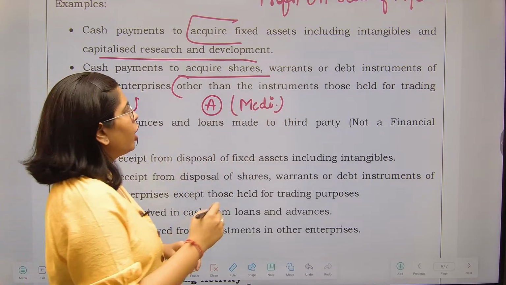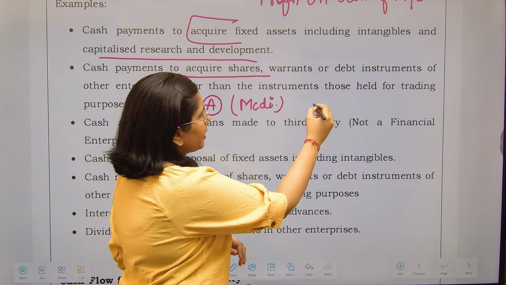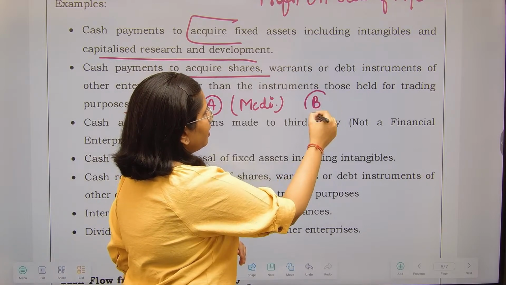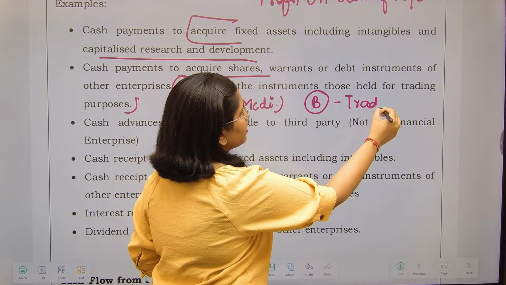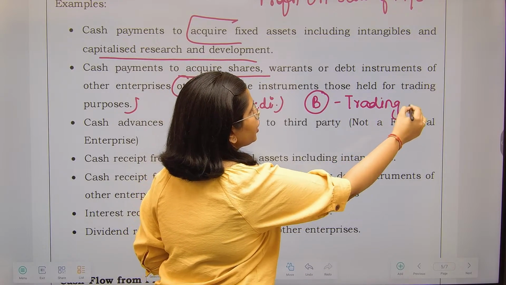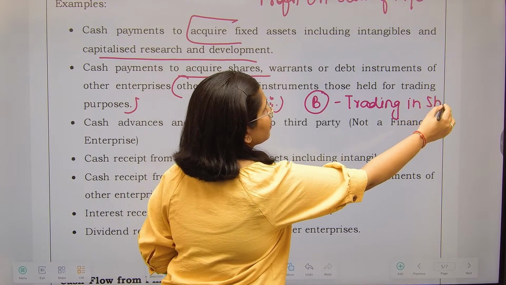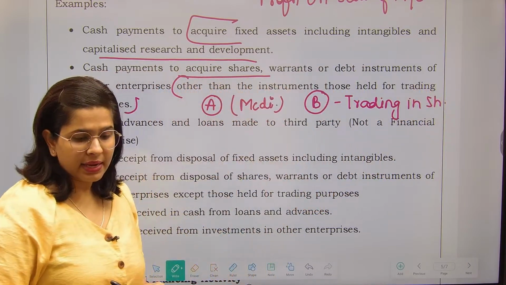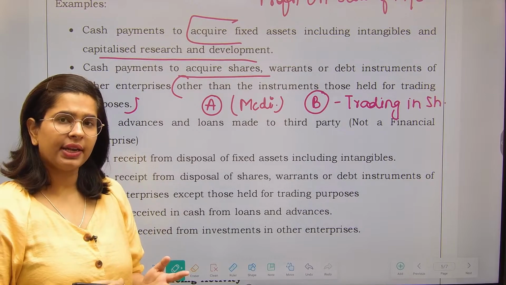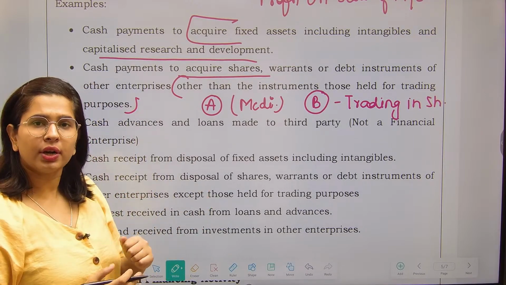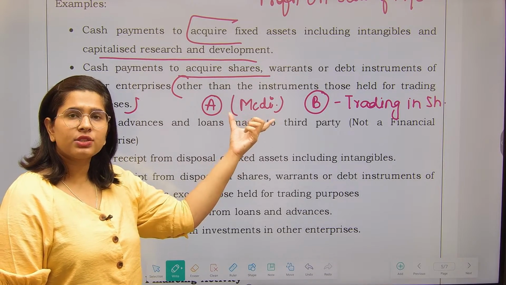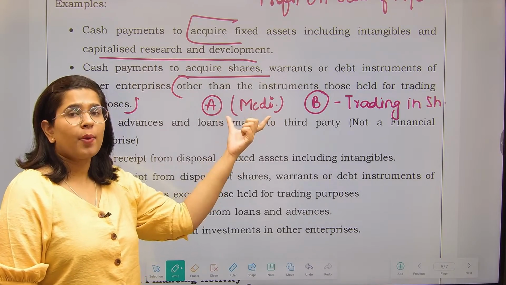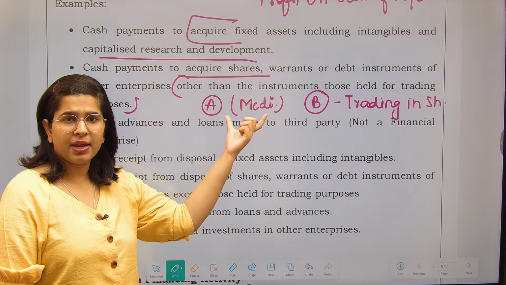And then we also have a company B. Its business is trading in the share market. Now, because of your activity, the classification also differs, right? So, see this particular entity, this is into the business of medicines, right? So, its operating activity is medicine manufacturing.